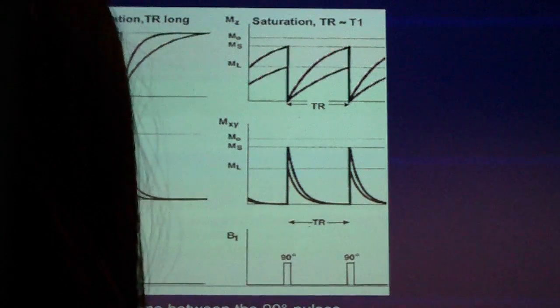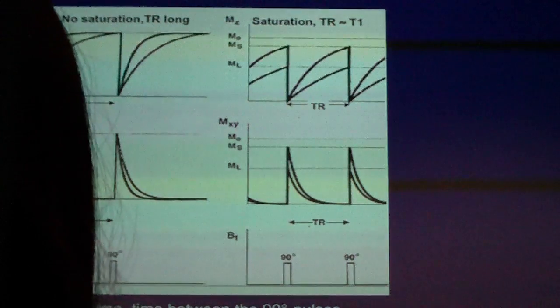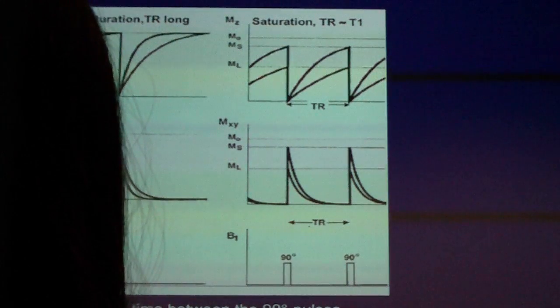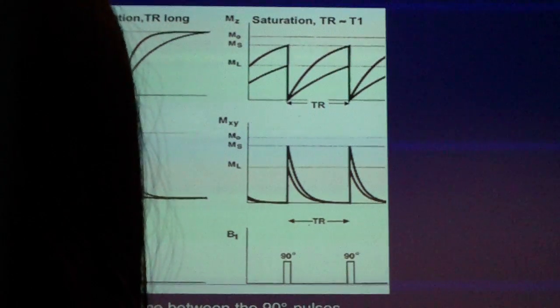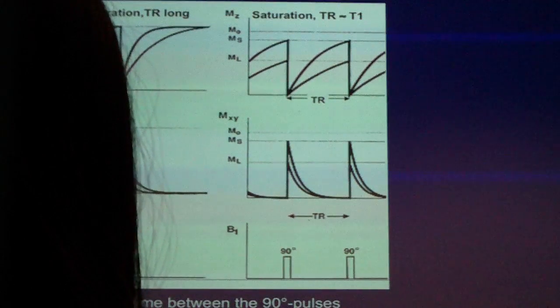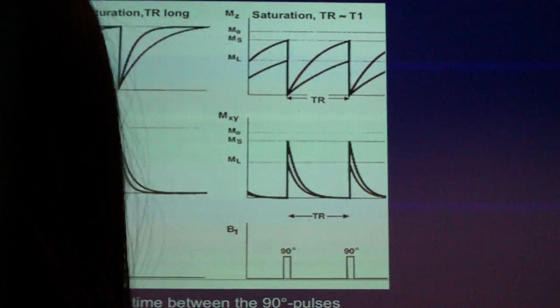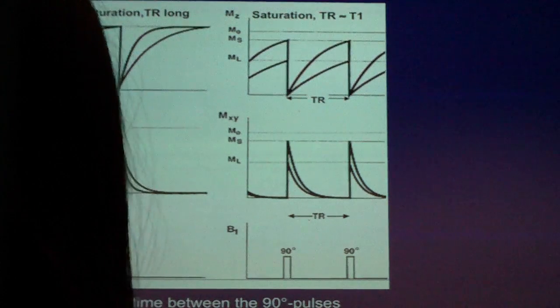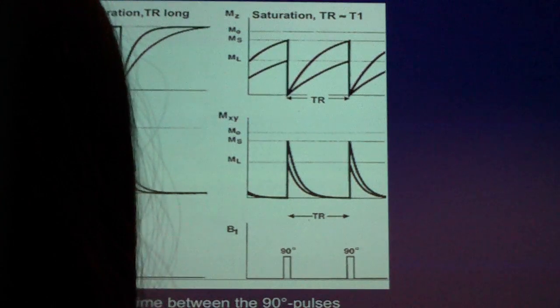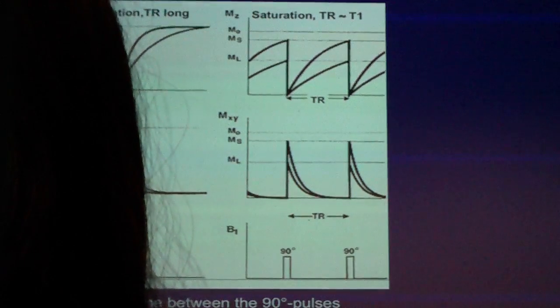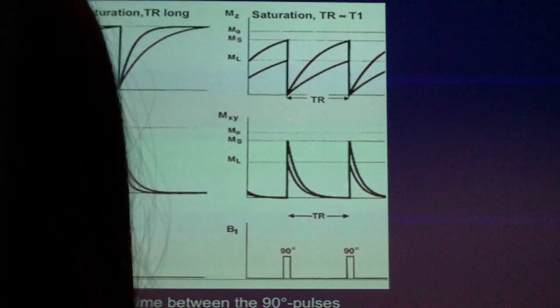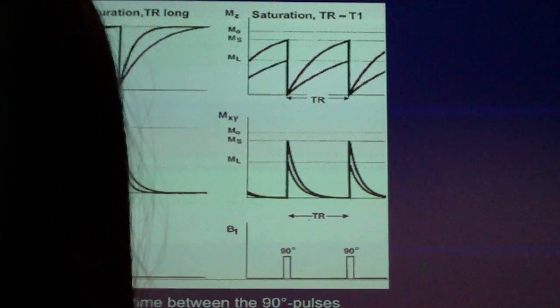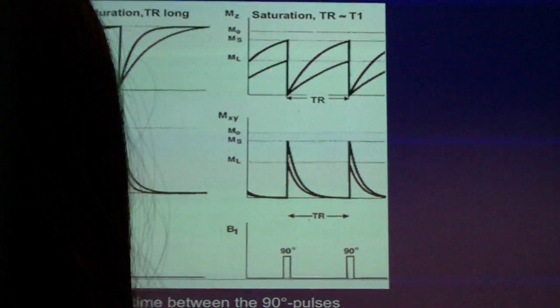If you don't wait for such a long time, you will get differences in intensities, because the magnetization in one tissue is already completely relaxed, and in the other one it is not. And if it's not relaxed, you don't have so much to excite, so the signal is smaller. Okay, so here you get contrast based on T1 relaxation.